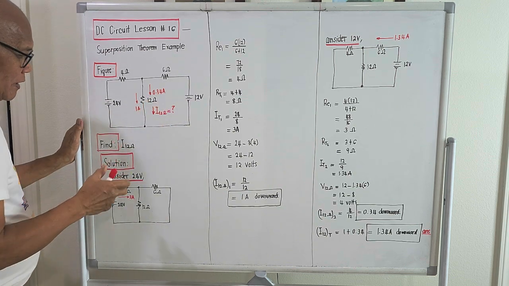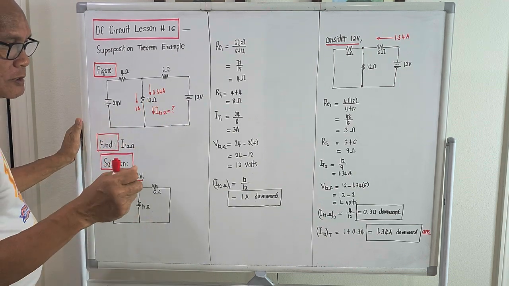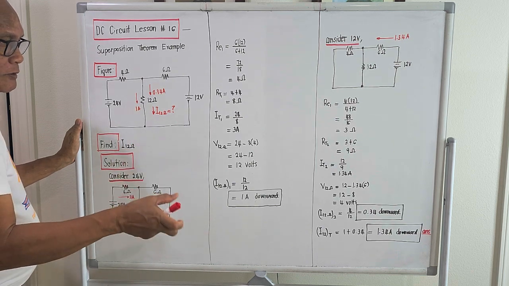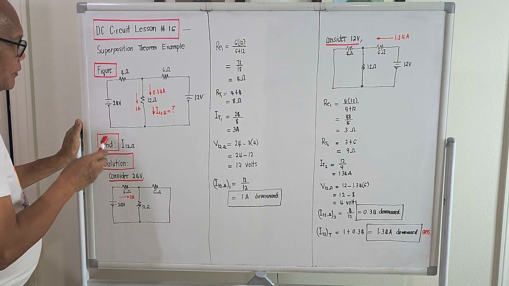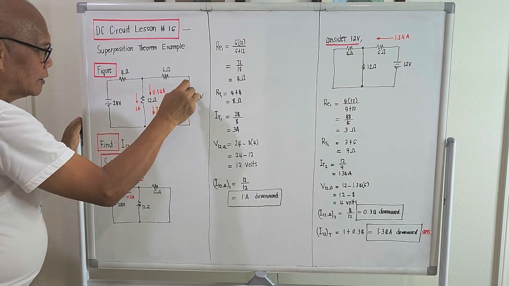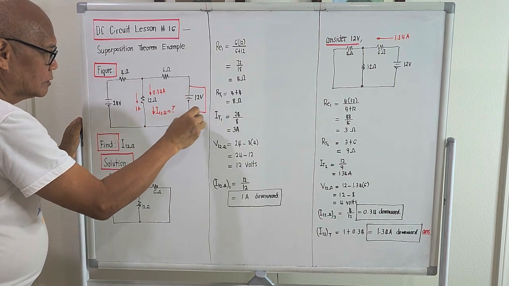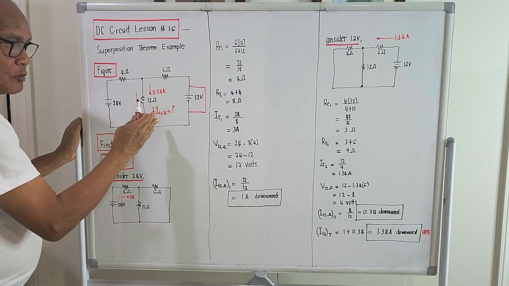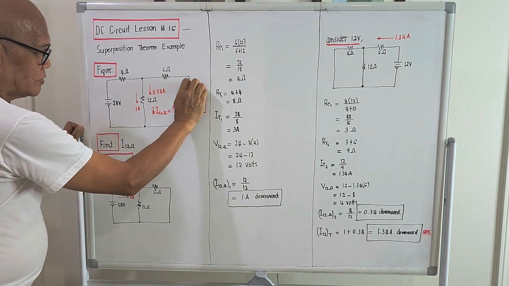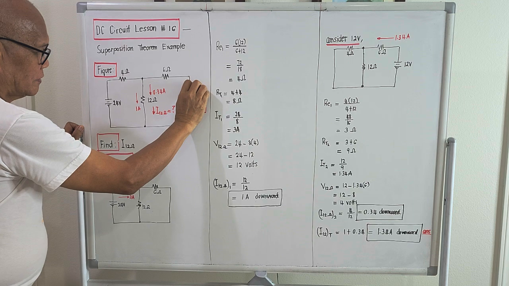Okay, let's try to bring out the solution of this one by using superposition theorem. We'll consider first the 24 volt source. Then we short out the 12 volt source, so it seems this is non-existent.